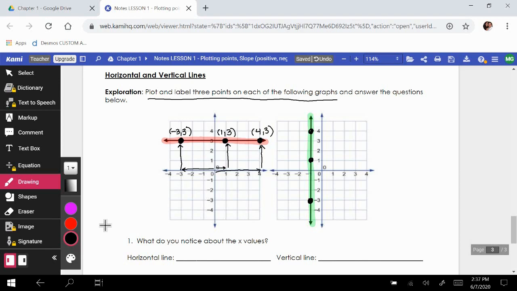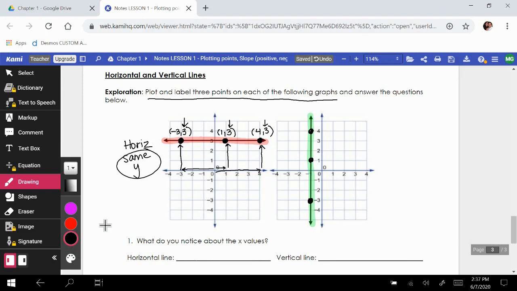Just starting there, what do you notice about all 3 points? All 3 points have the same y value. That's interesting. So let's make a note of that. Horizontal lines have the same y value.